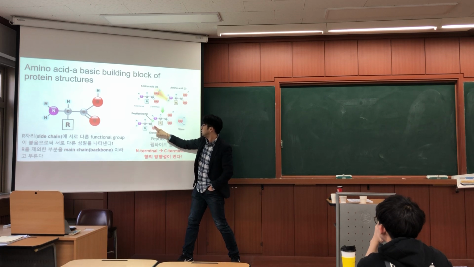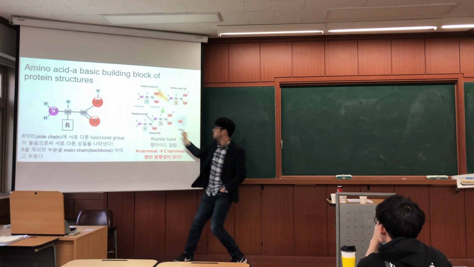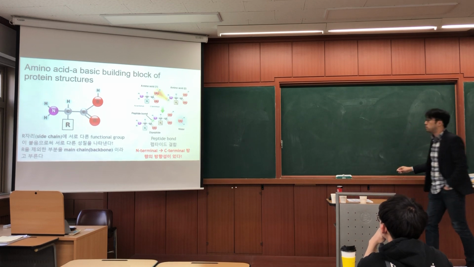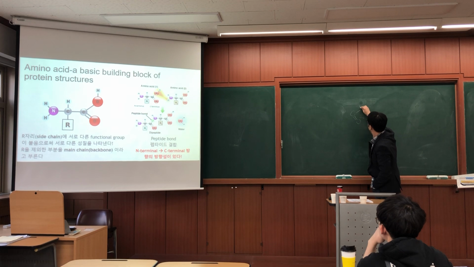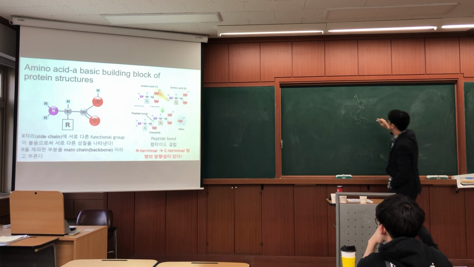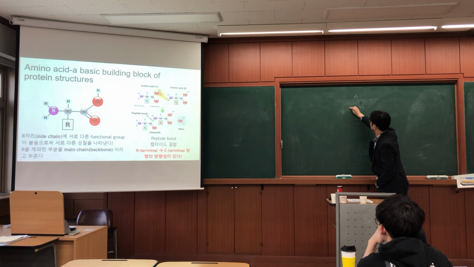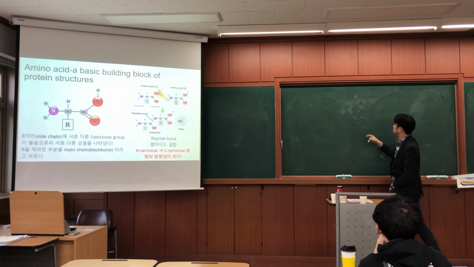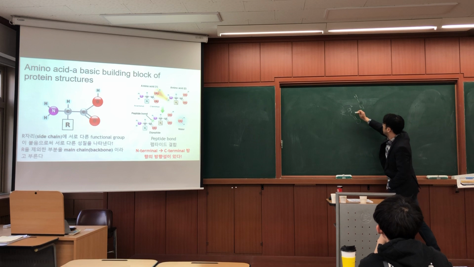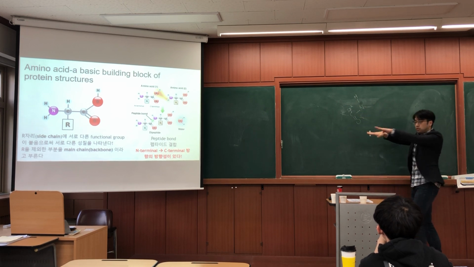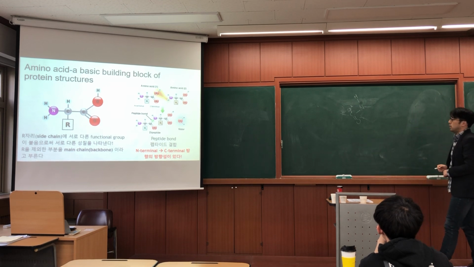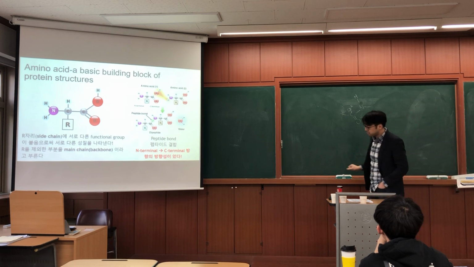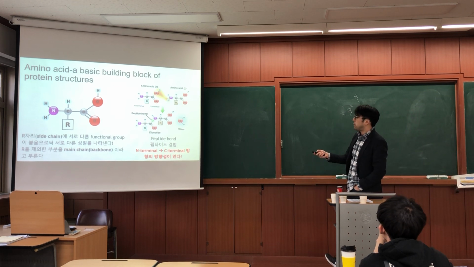This one is C double bond O and NH. Since you already learned organic chemistry, when these two are connected, this one becomes an sp2 carbon, and this makes a whole plane. This is planar. The C, O, and NH are on the same plane, so they form a planar structure. This is called the peptide bond.